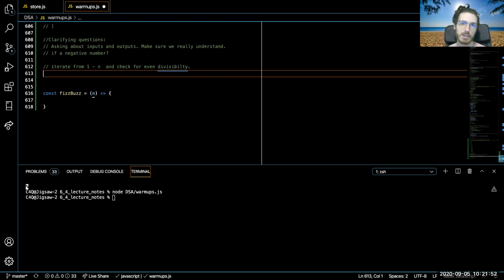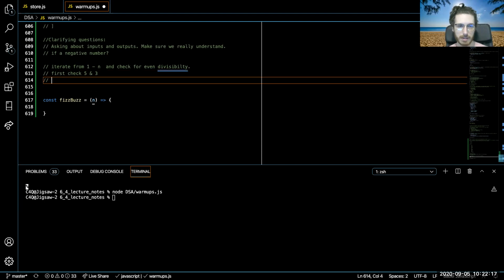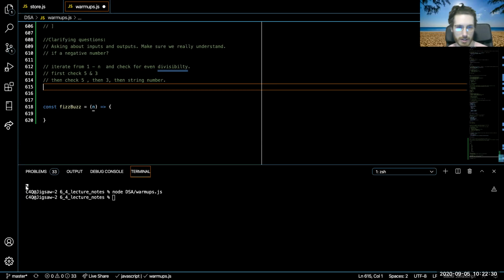Because if we're doing these if-else and else-if statements, we don't want to check if it's mod 5 and then move on, because then we won't be able to see if it's mod 5 and mod 3. So first check 5 and 3, and then we'll check 5, then 3, then string number. That's pretty much the logic there.